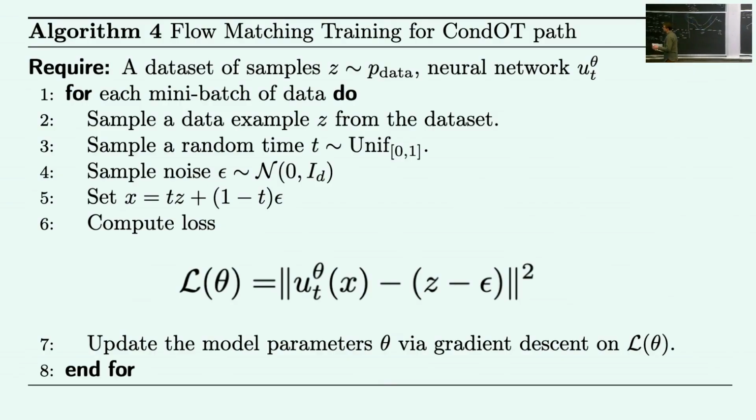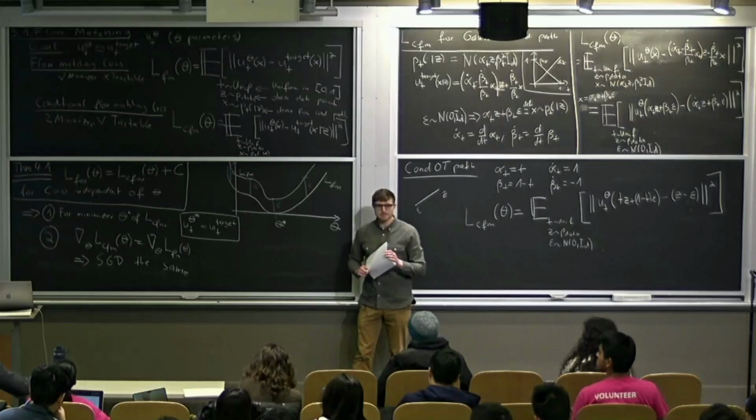Yes, but you have access to more information. At time 0, you have access basically only to the information of noise. At time 1, you have access to the full data point. So over time, you need to predict the same thing, but the access to information you have differs across time.